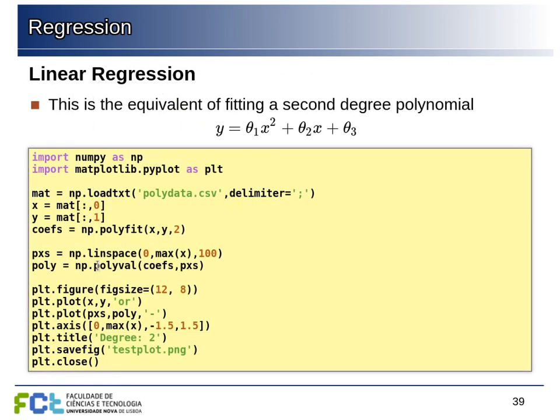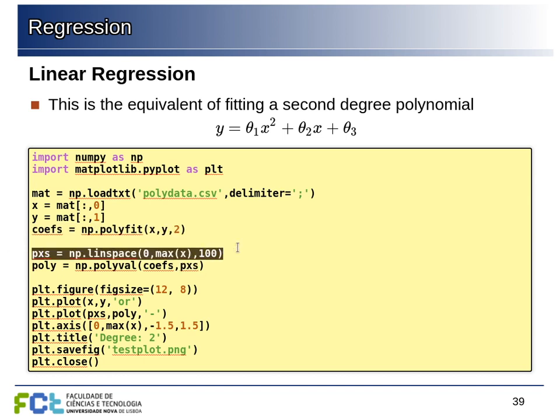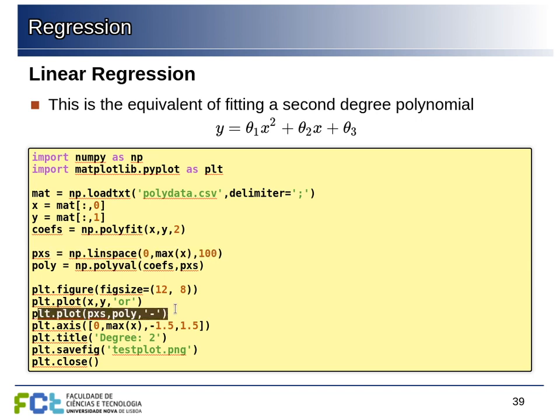So this we can do by using the polyval function, which receives as arguments the coefficients that we computed previously and this large number of values for x uniformly distributed here, so that we can then draw a line. And remember that when we are plotting, the line segments are straight and are drawn between consecutive points.